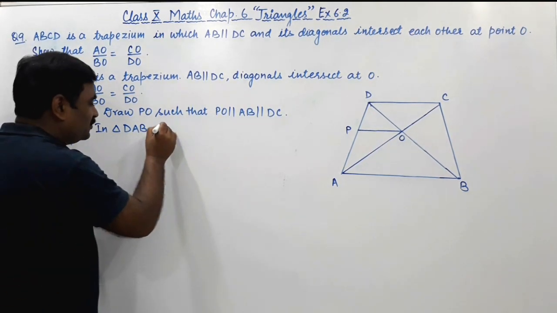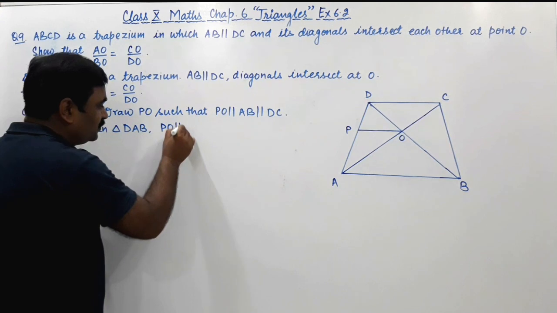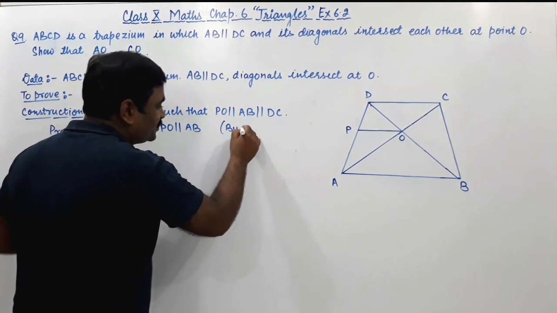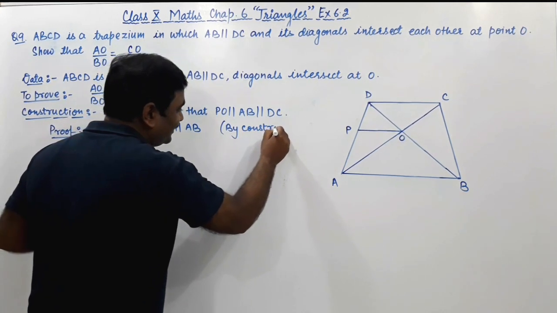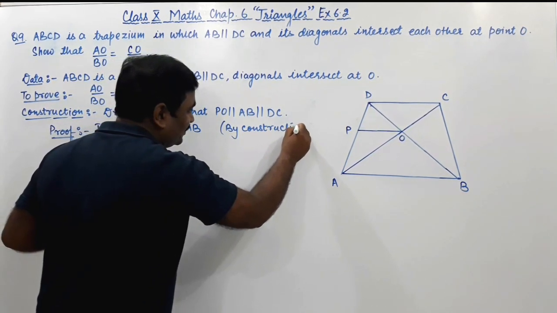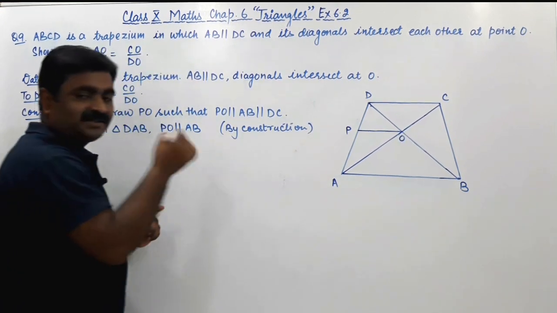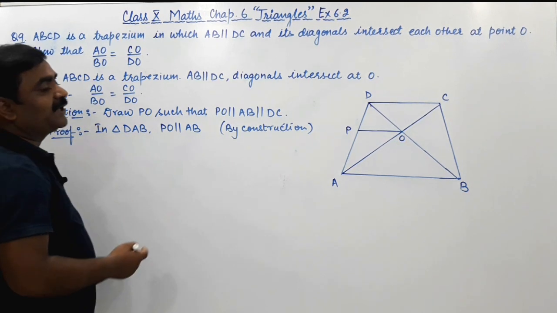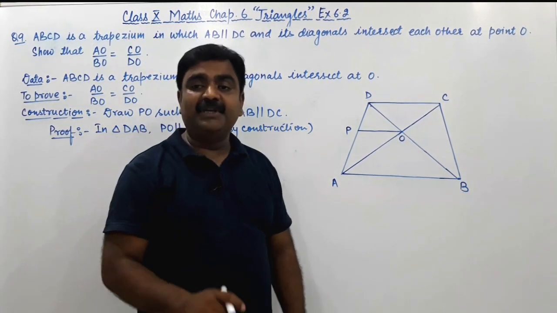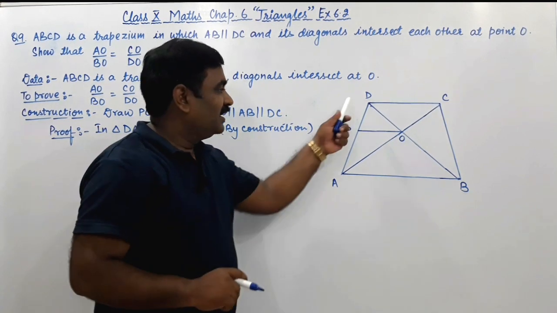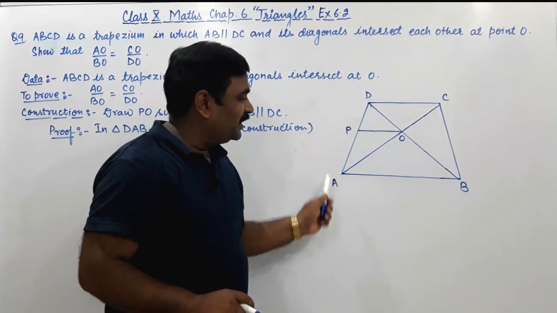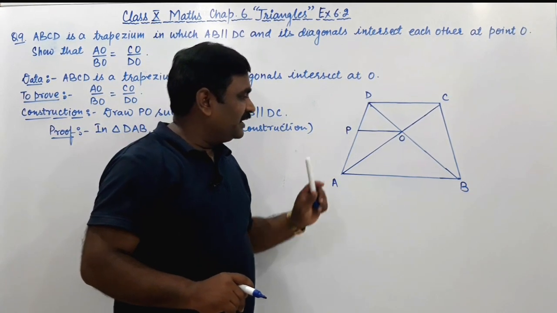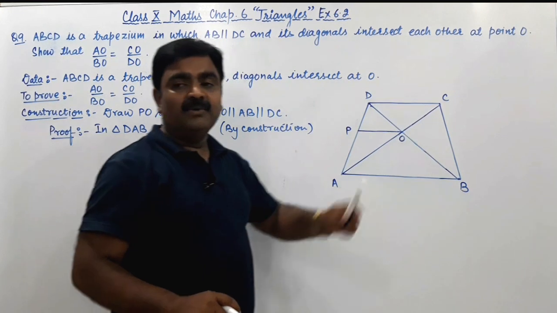This PO is parallel to AB, और वो भी कैसे? बाई कंस्ट्रक्शन. आपने इसको कंस्ट्रक्ट किया है बाई कंस्ट्रक्शन, राइट? ओके, as by construction PO is parallel to AB, therefore you can apply the basic proportionality theorem BPT or Thales theorem or 6.1. DP upon PA, what you can say? DP upon PA equals to DO upon OB.